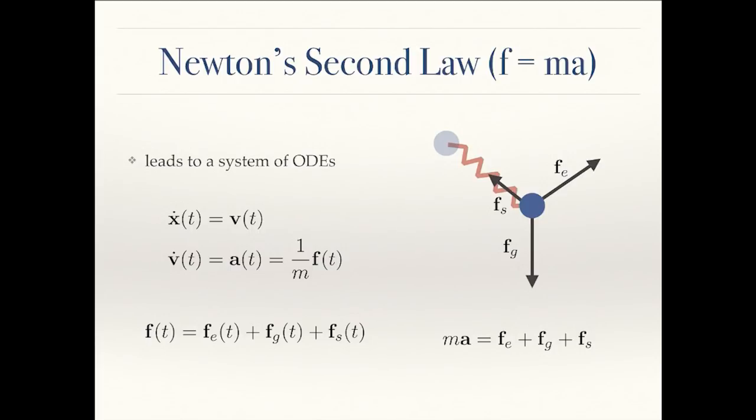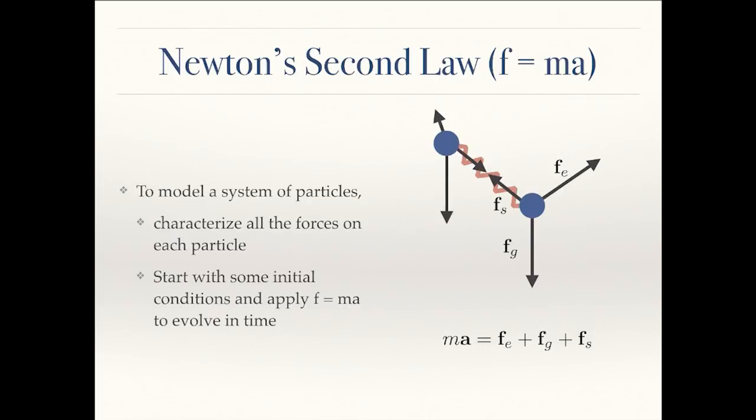And we sum those all up. That's the net force acting on the particle, and equate that with the inertial term, ma. Okay, and the same is for a system of particles. That was a single one. If we throw in a bunch of particles, for each particle, we characterize all the forces acting on it, as Adam also showed us with the force accumulator, and then we integrate forward in time.